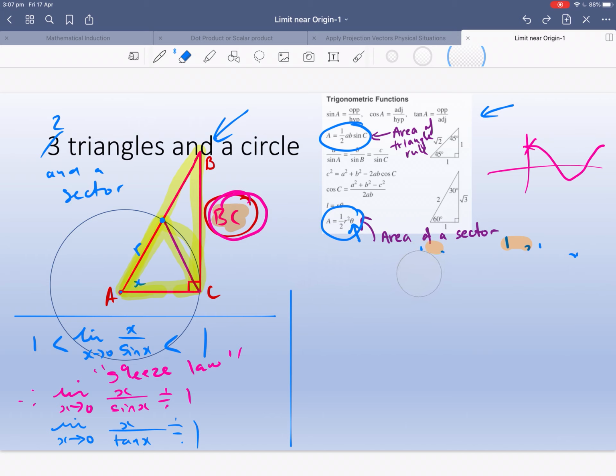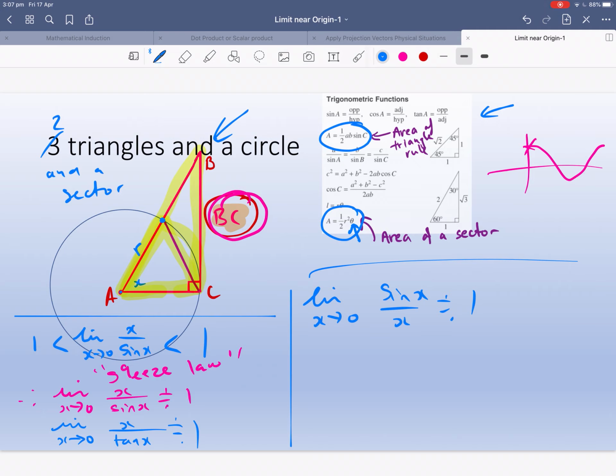So that gives us these really interesting dynamics, and that's the basis of this whole exercise that we're going to be doing. Now, what's also true is that the limit as x approaches 0, if we have it this way around, is still approximately equal to 1, because remember, 1 over 1 is the same thing.